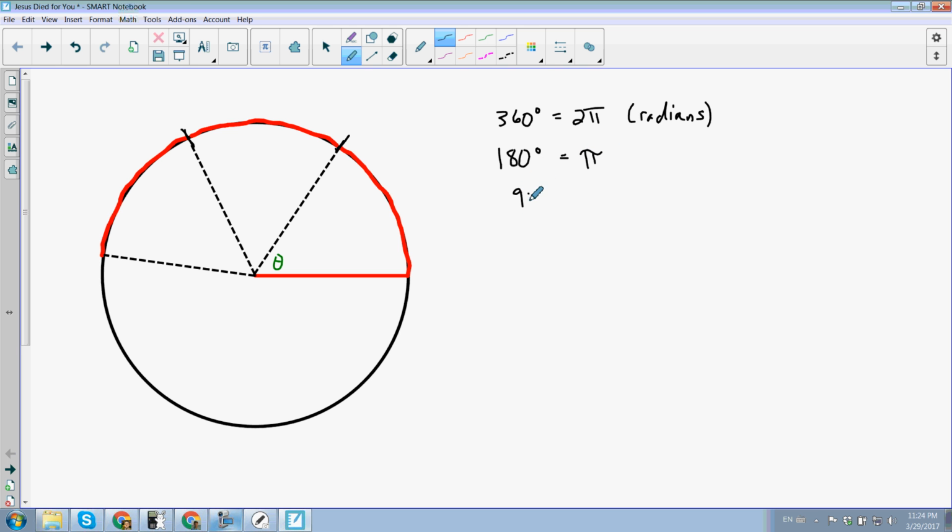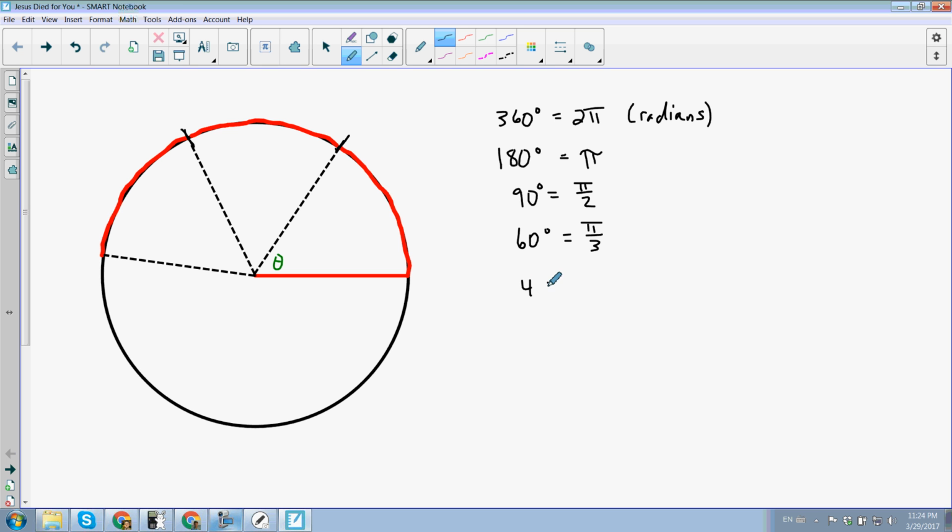And 90 degrees, well, 90 is half of 180, so 90 degrees would be pi halves radians. And 60 degrees, 60 is a third of 180, so 60 degrees would be pi thirds radians.